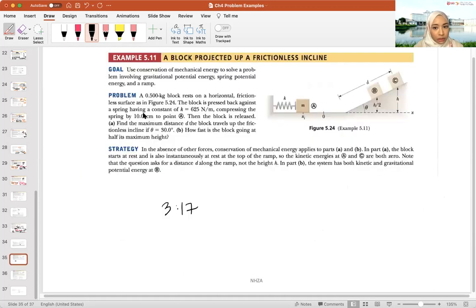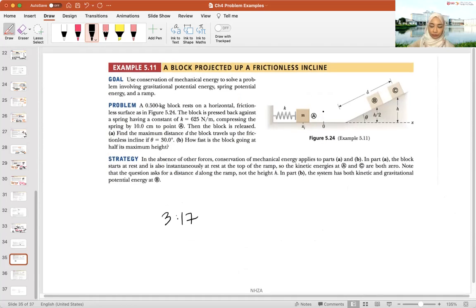Okay, so next one, this one. We have a spring and we have a block. Here it's labeled zero. Remember I told you, when x equals 0, that is the original state of the spring. If it is not at 0, it is either being stretched or being compressed.